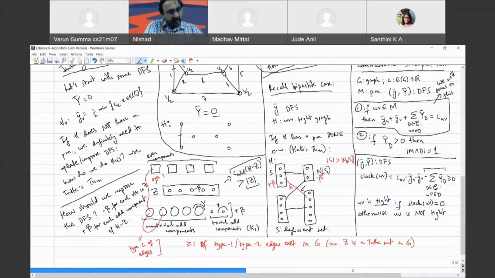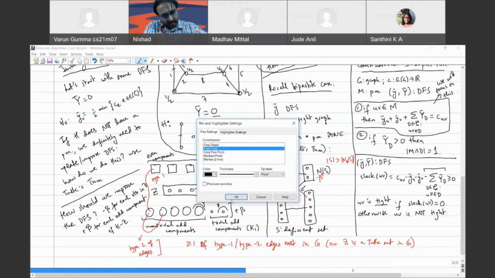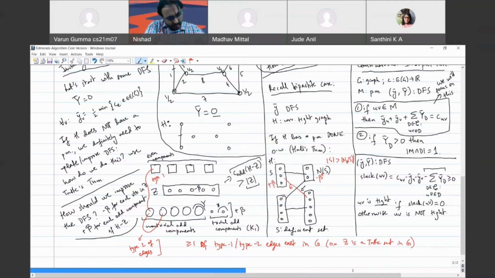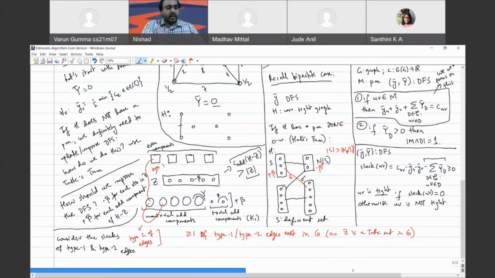So let us consider the slacks of the type 1 and type 2 edges. So what is happening in type 1? Type 1 is going from an odd component to an even component.